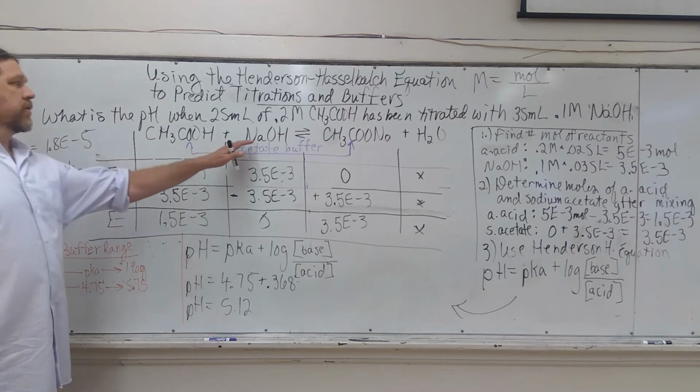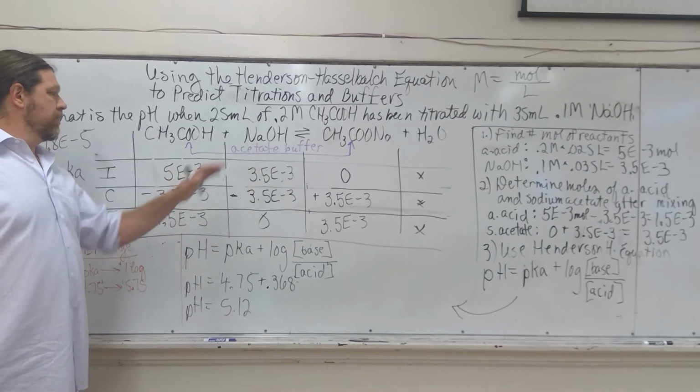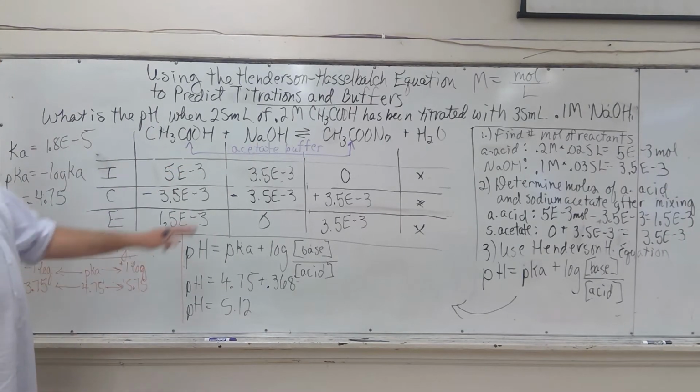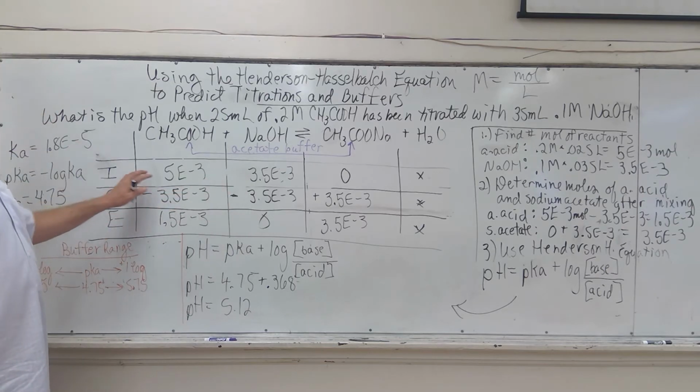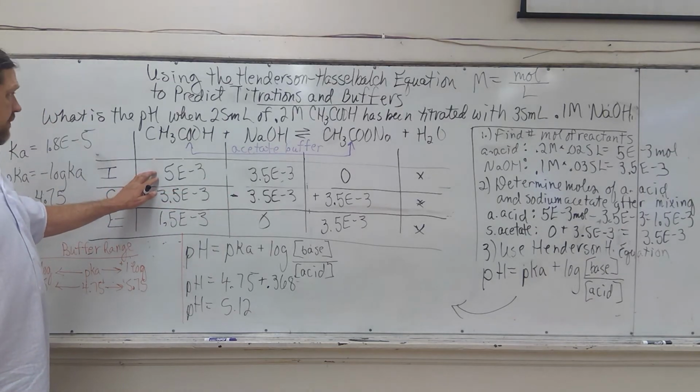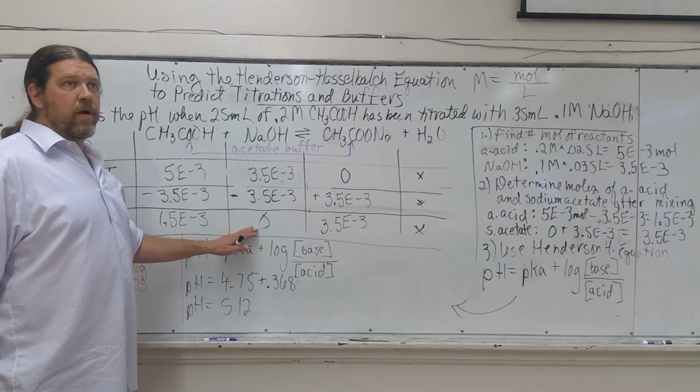We assume because sodium hydroxide is a strong base, that all of this will combine with our excess acetic acid. Because acetic acid is in excess, at least at this point in the titration, we will have no sodium hydroxide left.